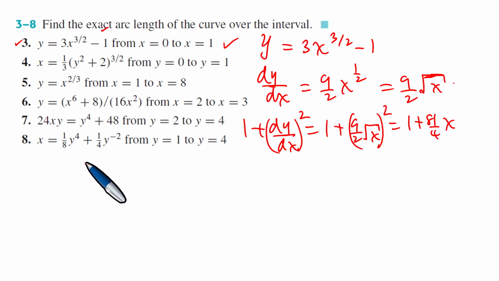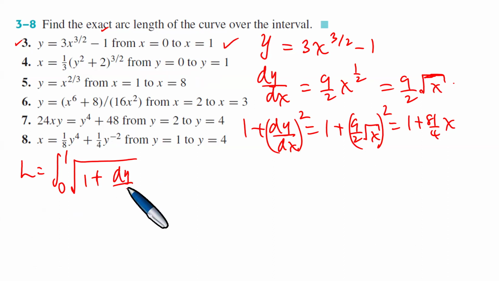Let's finish this off. So what is the answer? Then we do the arc length, but it's for the x. So we're going to use the formula from a to b. You can just substitute everything here, just to avoid wasting time. So x is from 0 to 1, the square root of 1 plus dy dx squared dx.